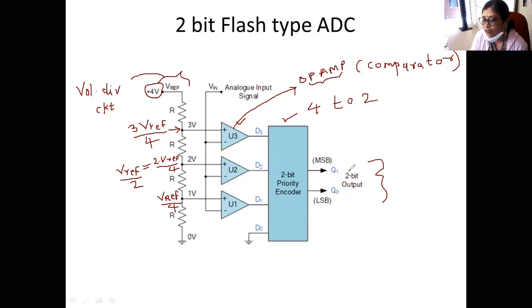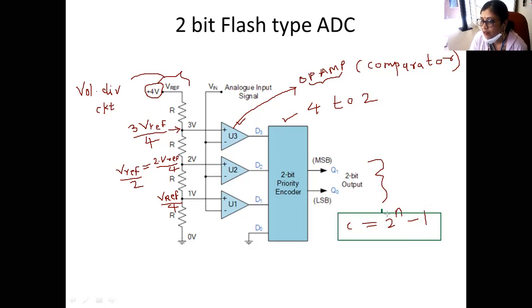Okay. Now there is one relation between the number of output bits and the number of comparators used here. This is given by: the number of comparators is equal to 2 raised to the number of bits, minus 1. So you should remember this relation.